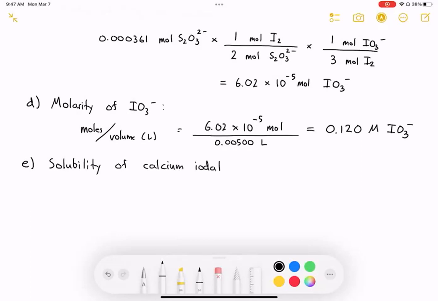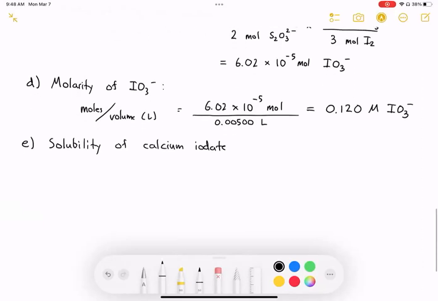Now, if you read ahead before the lab, in the introduction, it actually showed you how to set up an equilibrium expression, or I'm sorry, an ICE table. Okay, so calcium iodate is usually solid, so we can represent this like so.